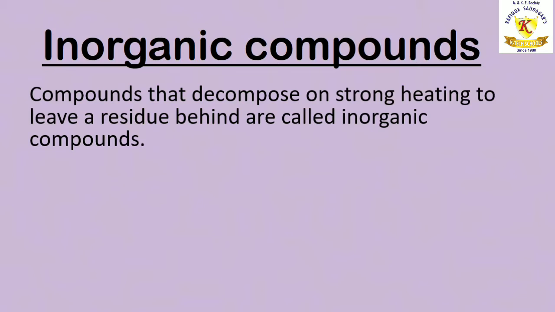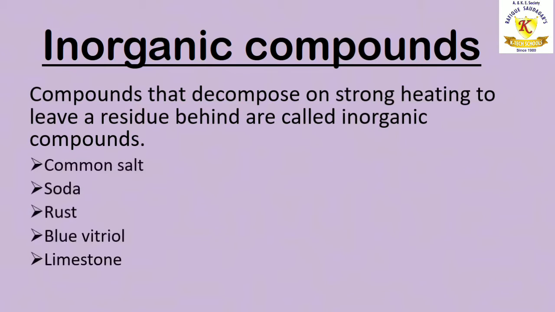When heated strongly, these compounds leave a residue behind. And I just told you the meaning of residue, a small amount of substance left over after burning. So the examples are common salt, soda, rust, blue vitriol, limestone. These are examples of inorganic compounds.